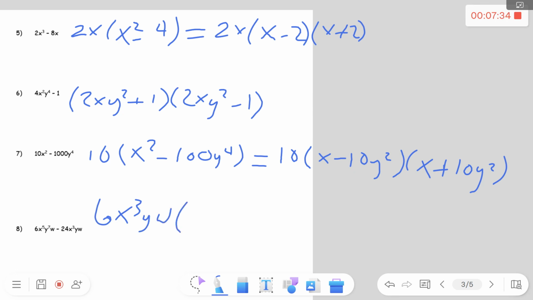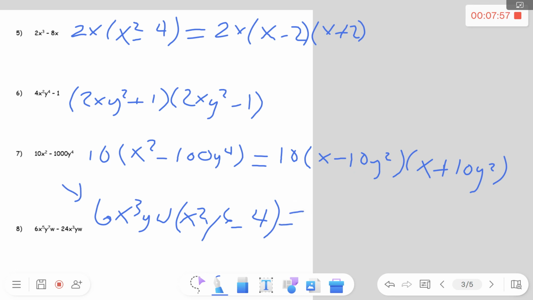Leaving me with, the 6 is gone, the x, this becomes x squared. I got 1 out, that's a y to the 6th. The w's gone, the minus sign still lives there, big old fork from the 24. The x cubed, the y, and the w are gone. This is a GCF here. I have a GCF up front, there's a GCF right here up front. The DOPS is behind.